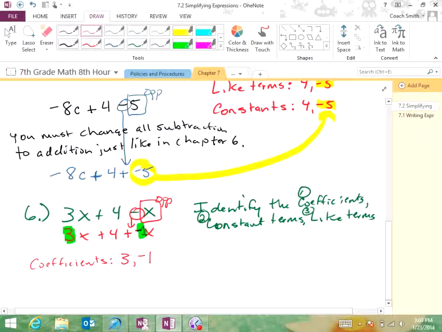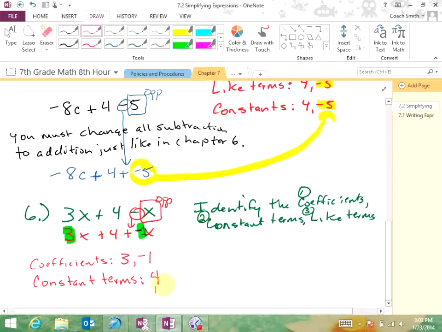That's your coefficients. Your constant terms, remember, our constant terms are the numbers that are by themselves without variables. So what is the constant term in this problem? 4.